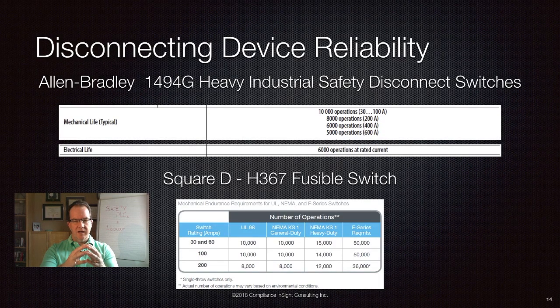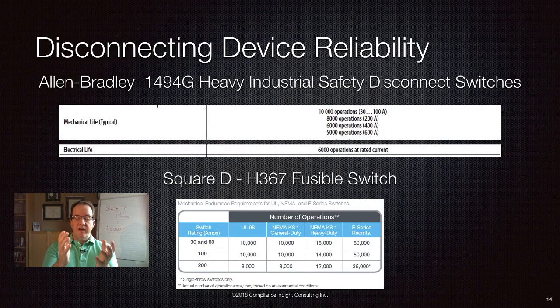This is not any kind of commentary on any particular device or manufacturer's product. All I did was simply pull some real world data that I could do some calculations with as an example. I'm not endorsing these products, nor am I saying that these products are a problem and you shouldn't use them. It's simply data to be used.